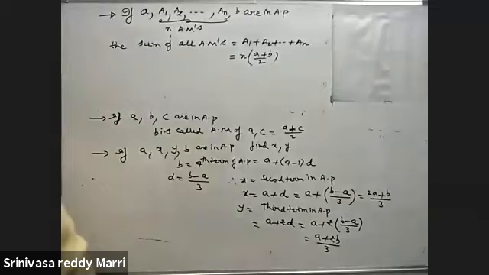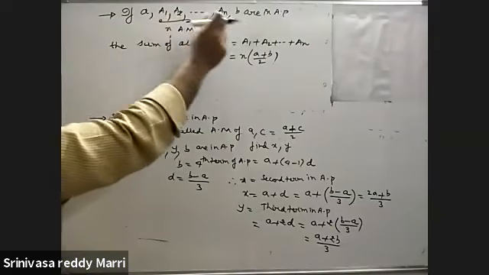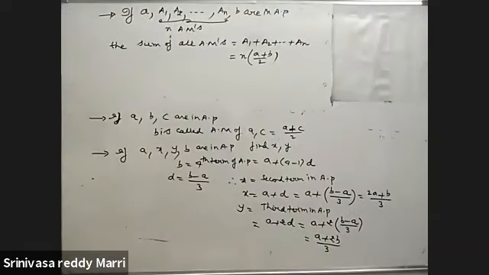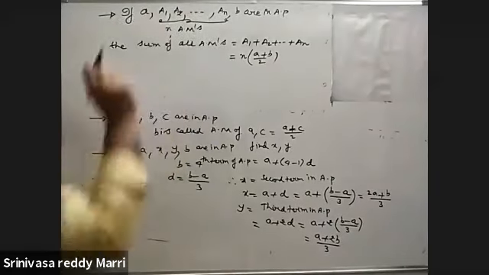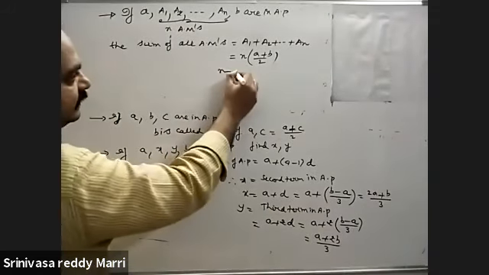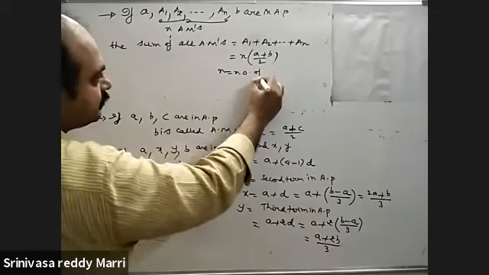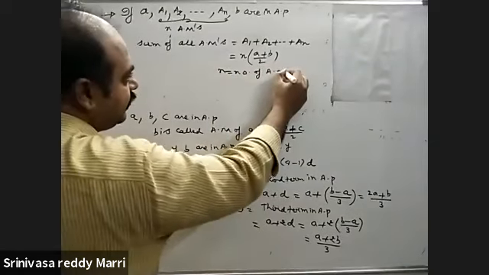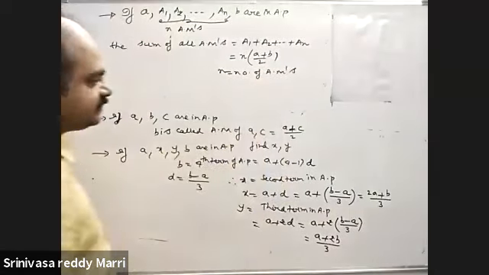The formula is N into first number plus last number divided by 2. N is the number of AMs. You can make use of this rule.